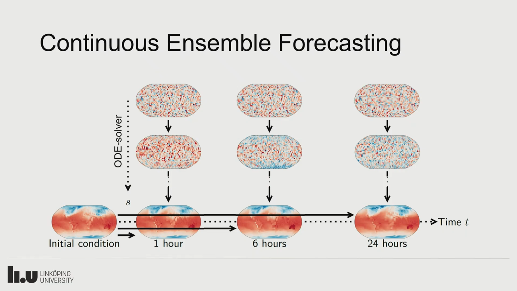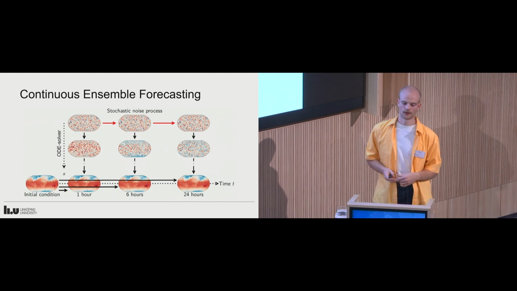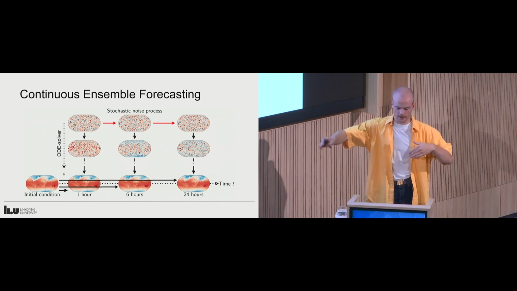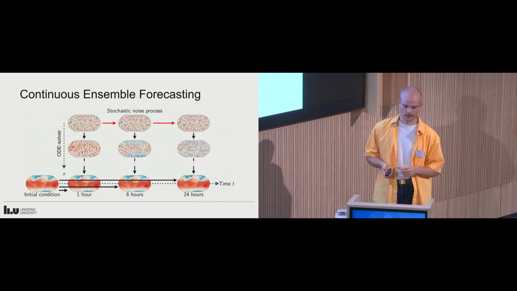What we're left with is a deterministic forecasting model that can go from the initial condition and the fixed noise to any of the times we want. And it turns out, and I will show you the visual proof of this later, that this actually gives you consistent trajectories over time. Further, it turns out that you don't even have to fix the noise. It's enough to highly correlate it with some kind of noise process.